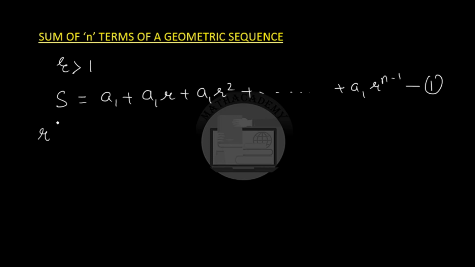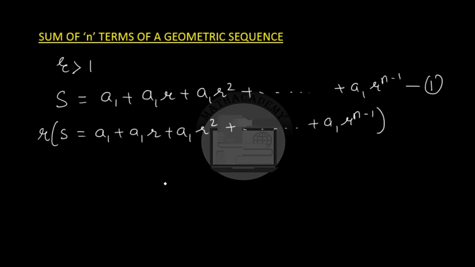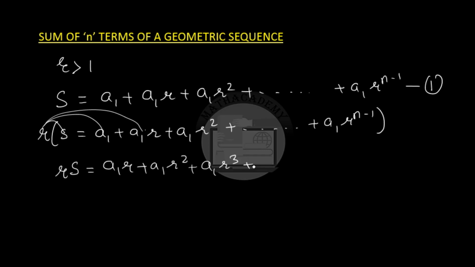So we have r s is equal to r times each term: a1r plus a1r square plus a1r cube plus and so on a1 r to the power n. This becomes our equation 2.